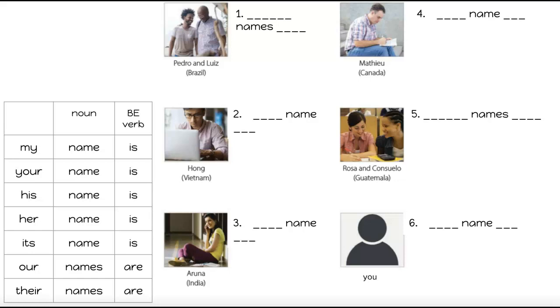So let's look at this. Again, here we have the possessive adjectives, and I've added its. My, your, his, her, its, our, their. And as you can see, when we use our, because we are talking about two people, Anna and I, we add an S. Our names.